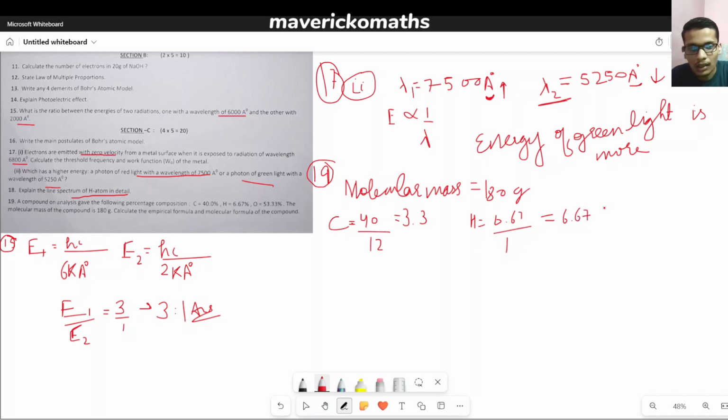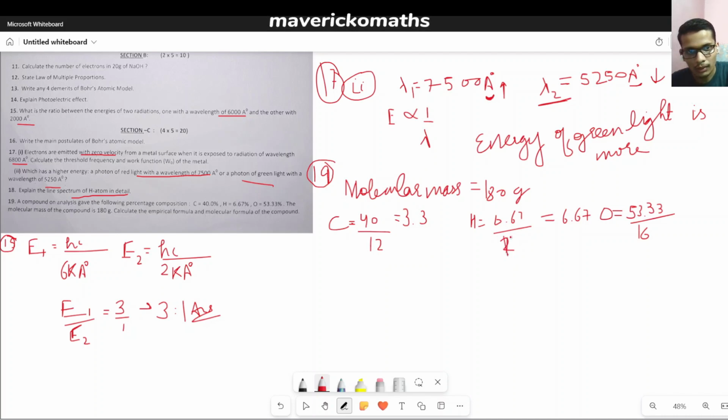Then comes the oxygen, which is 53.33 divided by the mass of oxygen, 16. I think we should take 2 because H2.